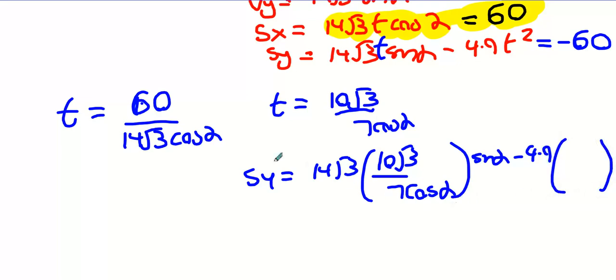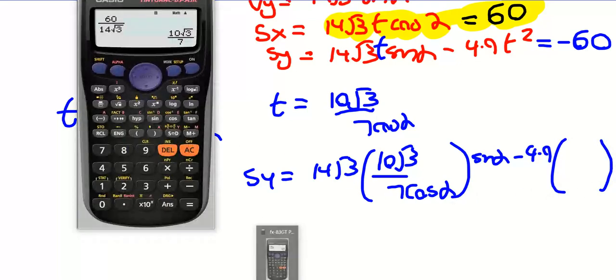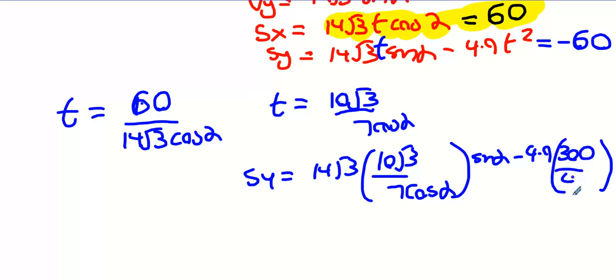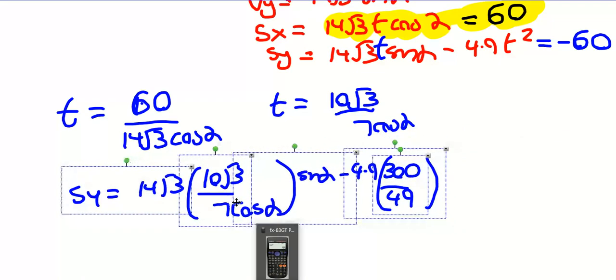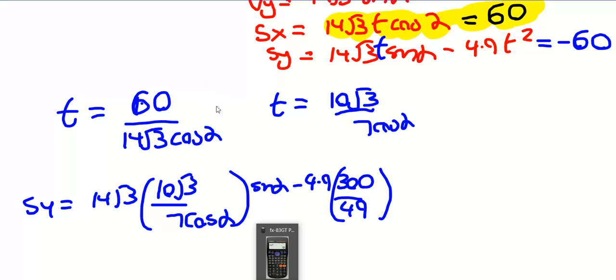And what's t squared, lads? Going to square this out. So it's this thing squared, 300 over 49. And lucky for me, I'm going to multiply that by 4.9. And there's a cos squared on the bottom as well. So 300 over cos squared alpha.